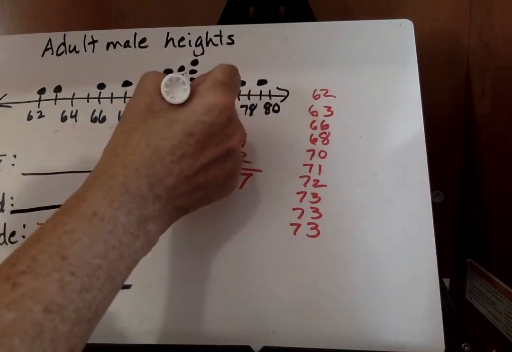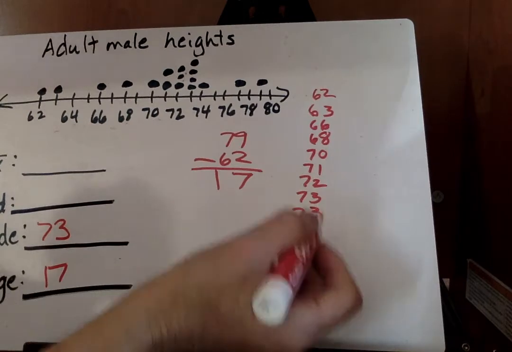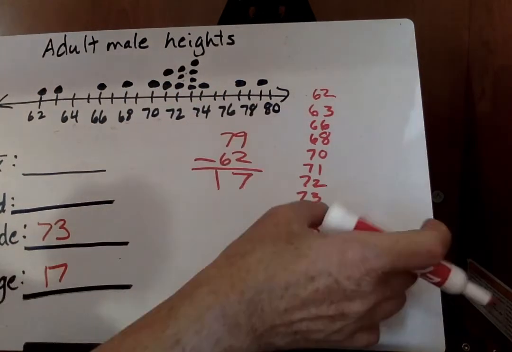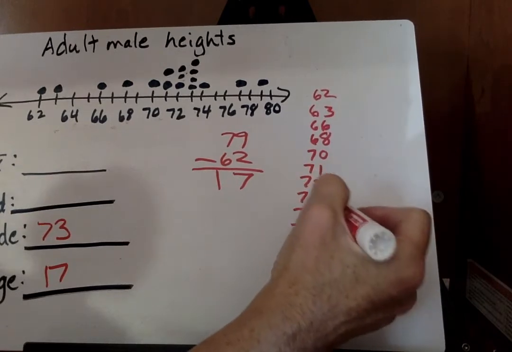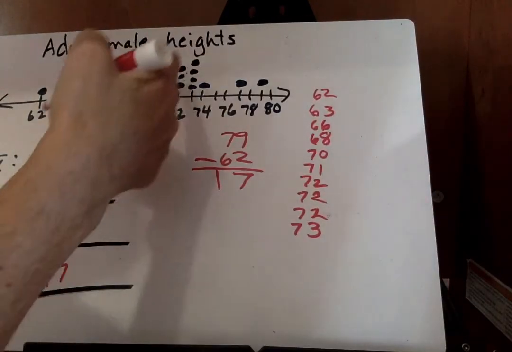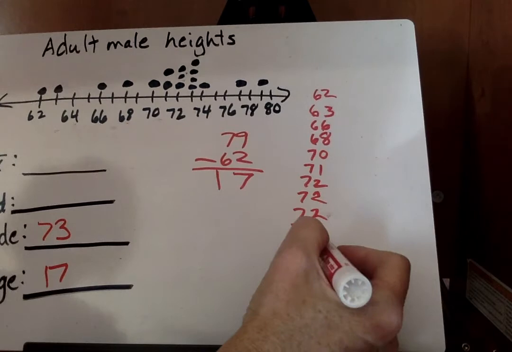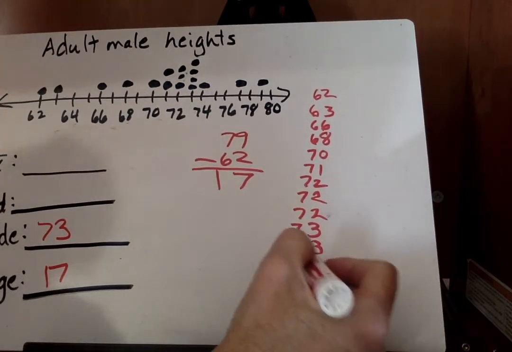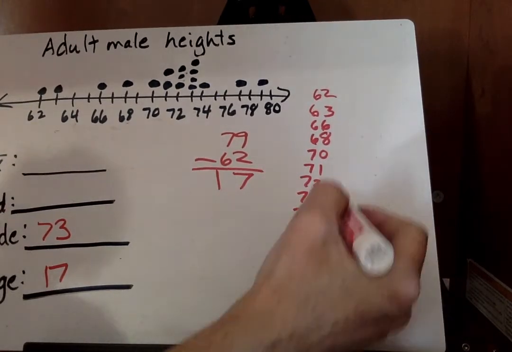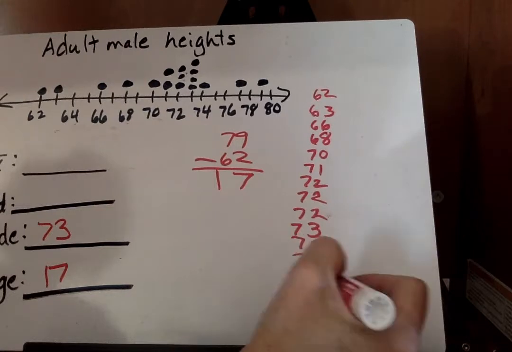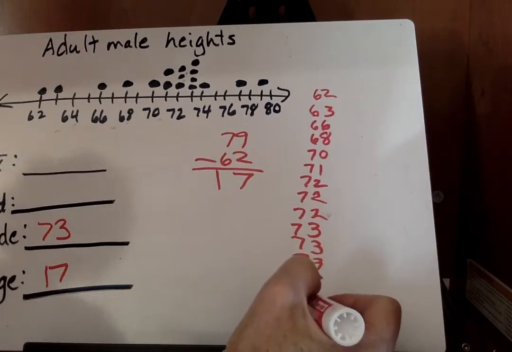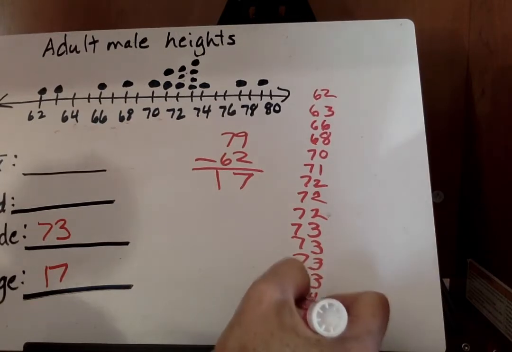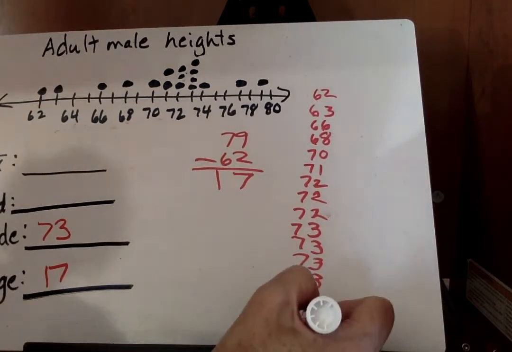My bad. And we have 4 73s, 74, and then 77, and then looks like we have a 79.